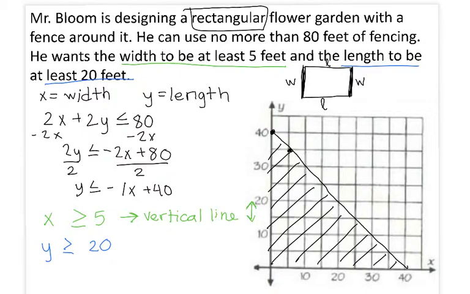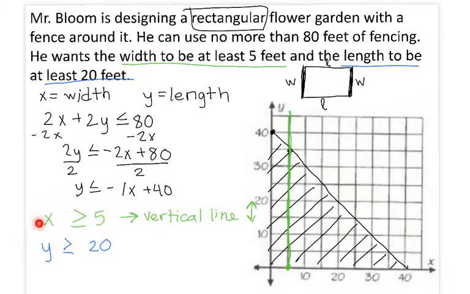So x greater than or equal to 5, that line is going to be, right here's 5, so it's going to go up and down through that point. So right here, that is going to be the line. But we still need to graph the inequality part.